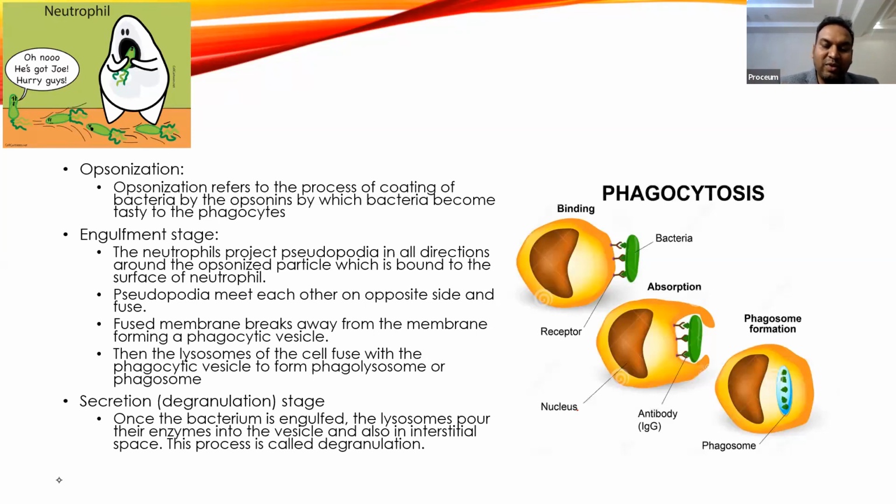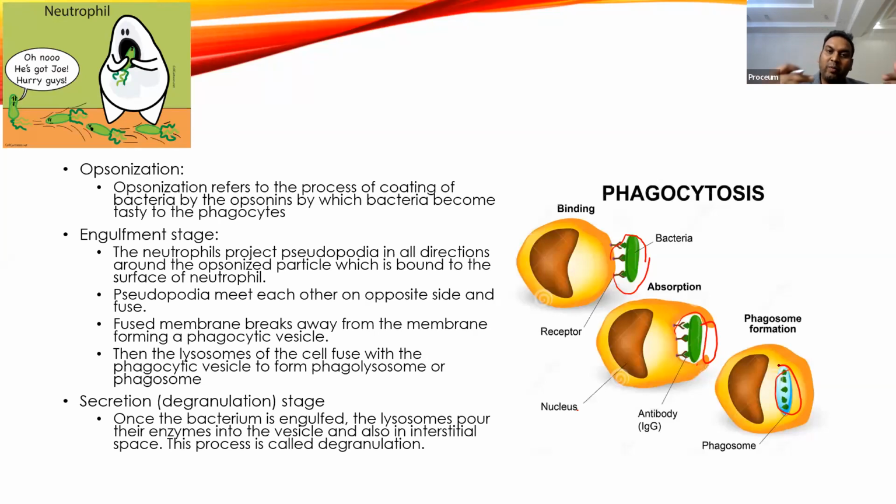Receptors will attach to the opsonins, and slowly it will spread its cell membrane entirely around the bacteria and form completely on the opposite side. Once they meet on the opposite side, the membrane will fuse and form a complete phagocytic vesicle, also called a phagosome, and it will come entirely into the cell. This total stage is called the engulfment stage.